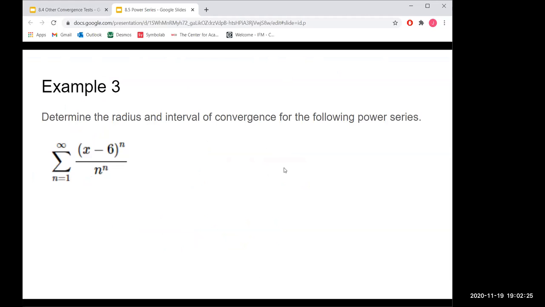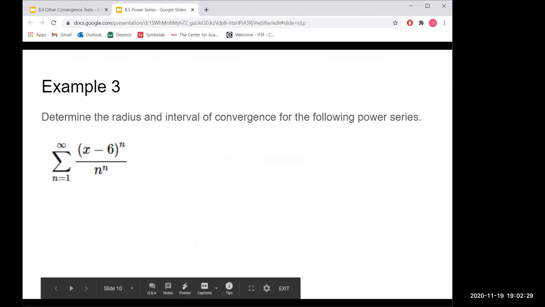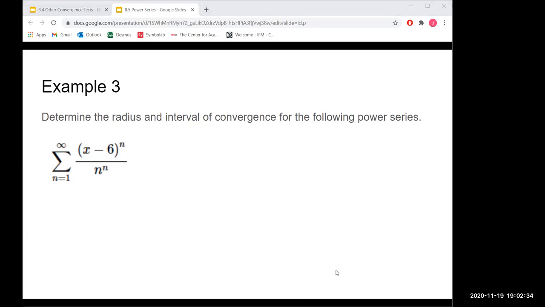All right, last example. So this one right here. Okay, so this one is actually one where the root test seems a little more appropriate.